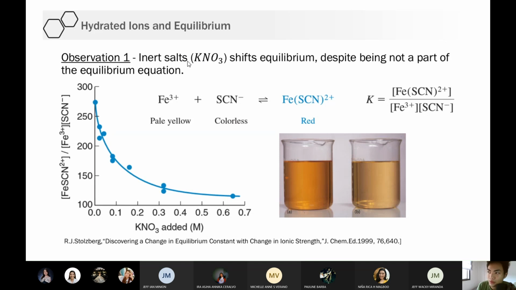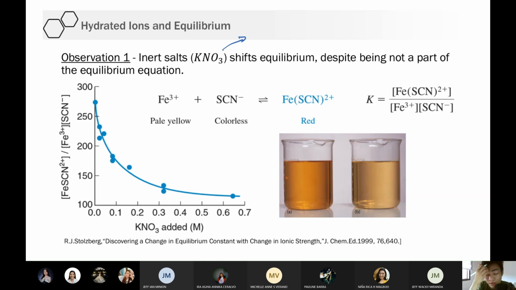So the question there is, why is the equilibrium being shifted, despite that our ions have nothing to do with the inert salt? What are the ions that we can produce here from potassium nitrate?